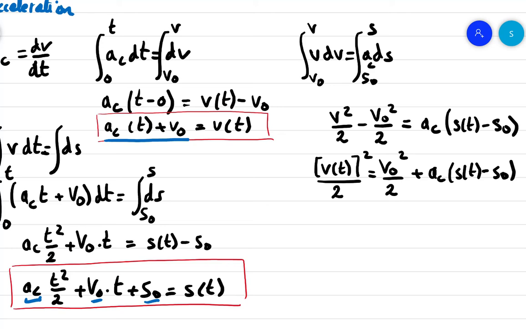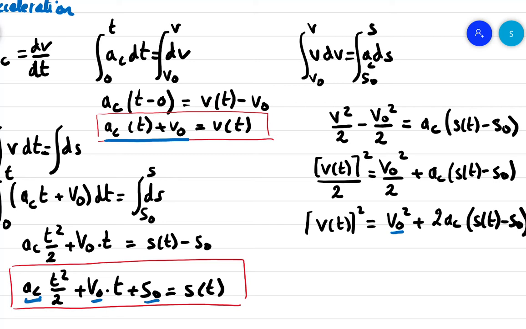Okay, and I will switch the 2, so we have v of t squared equals v naught squared plus 2 times a_c times s of t minus s naught.